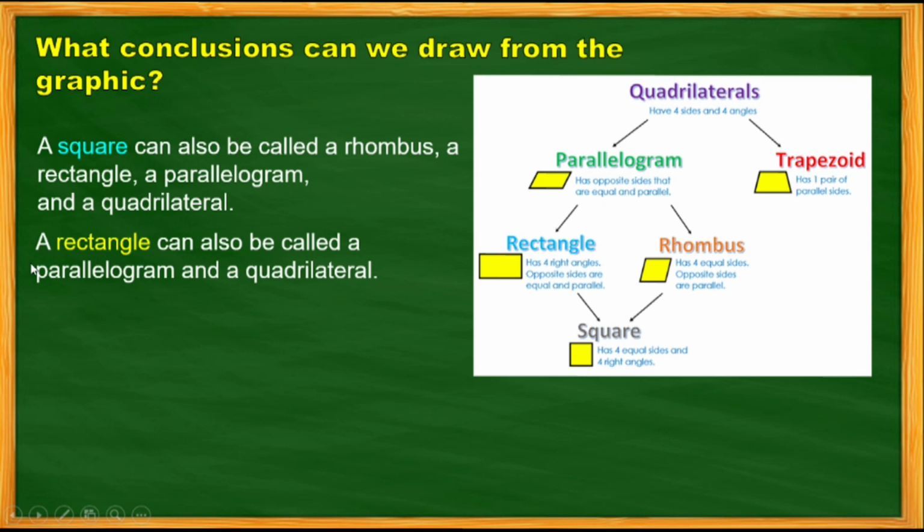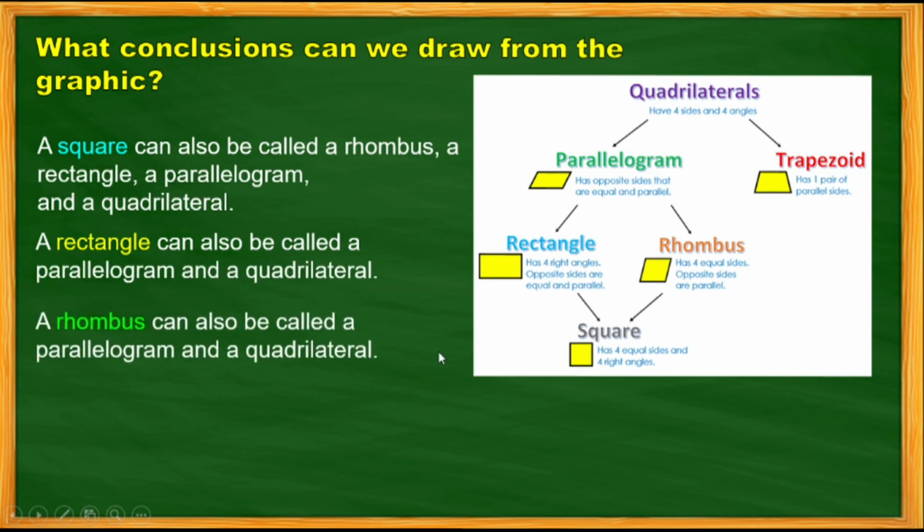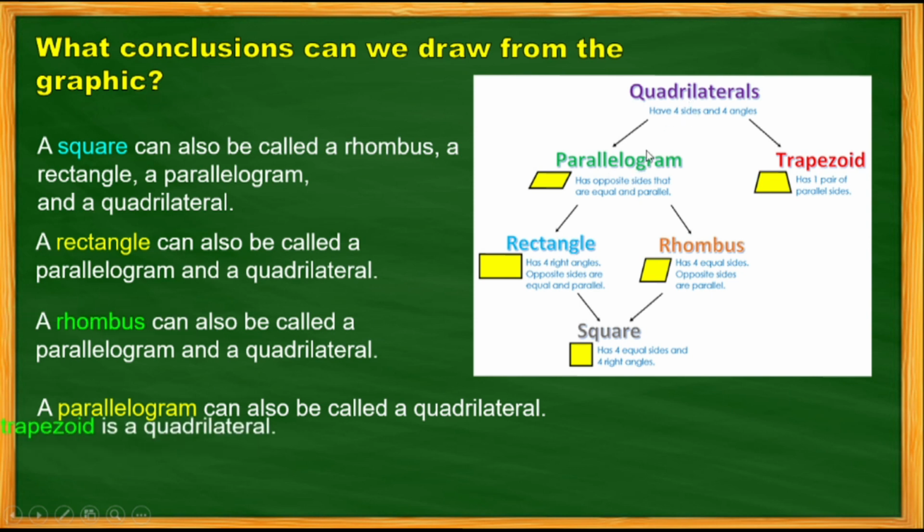A rectangle can also be called a parallelogram and a quadrilateral. A rhombus can be called a parallelogram and a quadrilateral. A parallelogram is also called a quadrilateral. And a trapezoid is a quadrilateral.